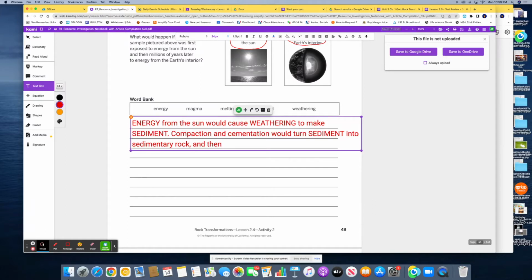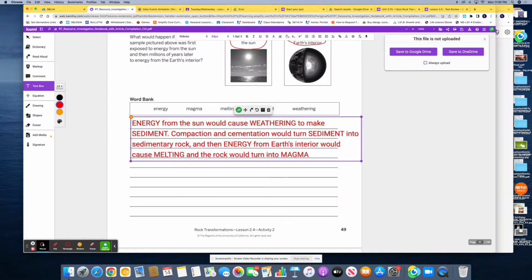And then energy from Earth's interior would cause melting and the rock would turn into magma.